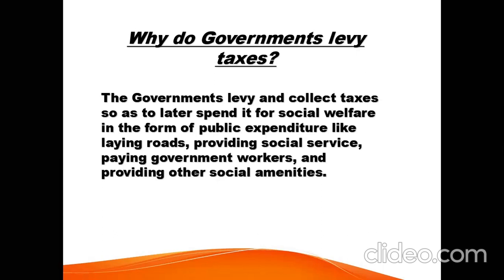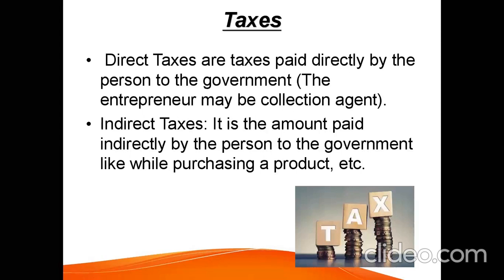We'll see what are the main types of taxes. Basically, there are two types of taxes: direct tax and indirect tax. Direct taxes are the taxes paid directly by the person to the government. The entrepreneur may be a collection agent.